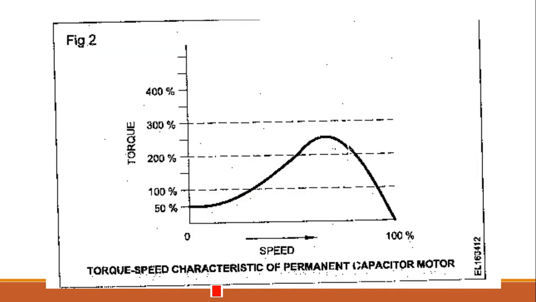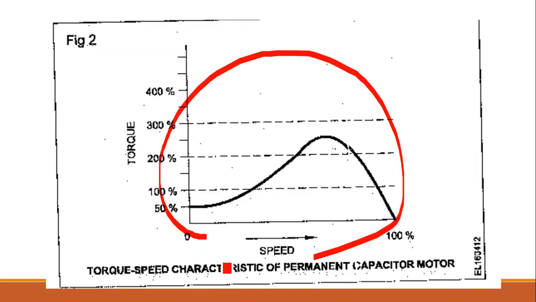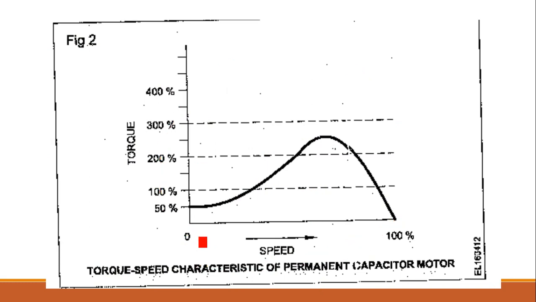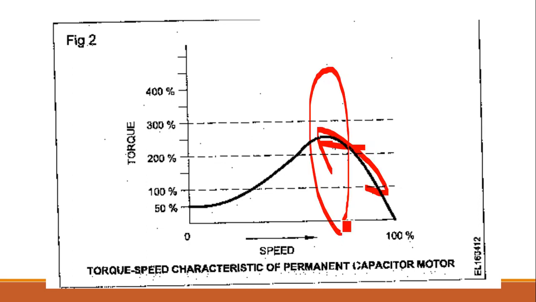If you look at the torque-speed characteristics, at zero speed or at starting, only 50% of the rated torque is available. The starting torque is very low, and the running torque is comparatively good, at around 70 to 80% of the rated speed.